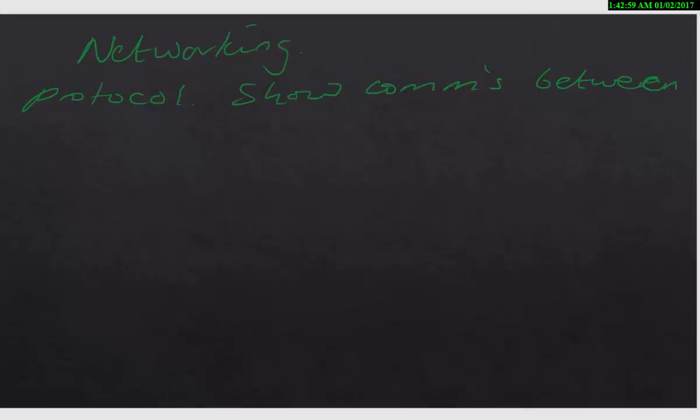So finally, let's cover networking. You might be asked about protocol. A nice example for that is to show communication between people and how there tends to be a social etiquette, a way of communicating. You could use this sort of sequence diagram, so person 1, person 2, that's the standard way of talking.